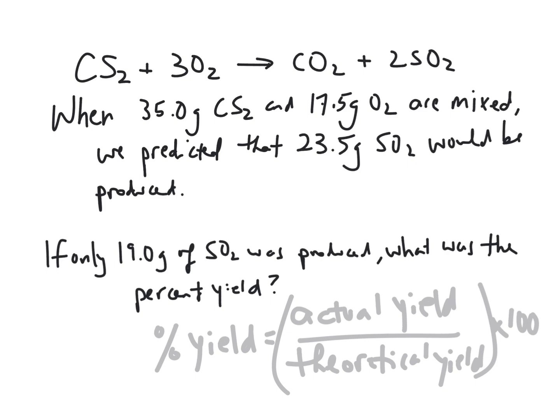Okay, so let's go back to this example from the limiting reagent video. If you haven't watched that limiting reagent video, that's the one you should watch first. So we left off with this example that we actually solved. When 35 grams of CS2 and 17.5 grams of oxygen are mixed, we predicted that 23.5 grams of SO2 would be produced.